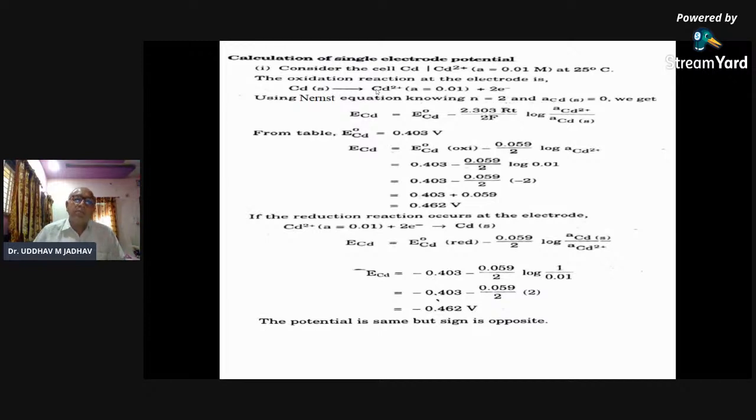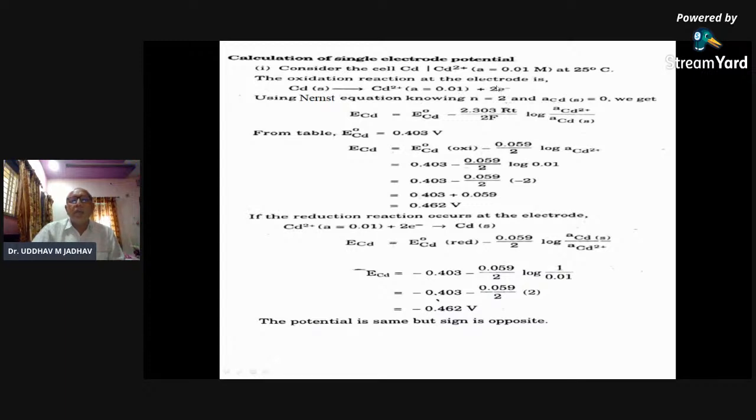Now see here, if you write the electrode reaction, say the oxidation process is taking place. Here Cd solid is giving Cd2+ in ionic form in solution, having activity a equal to 0.01.